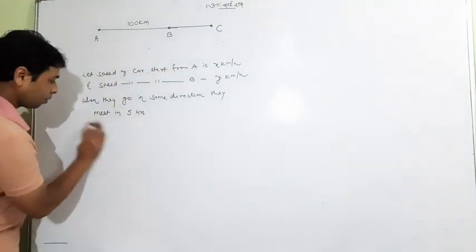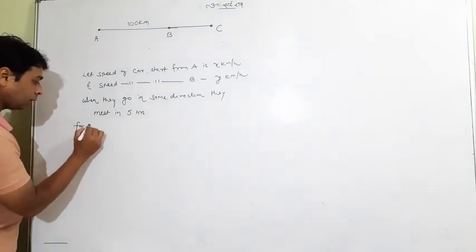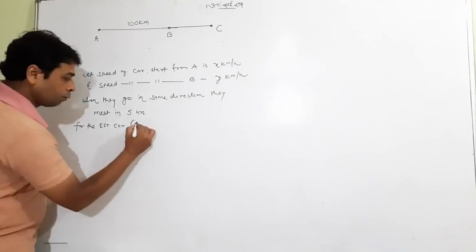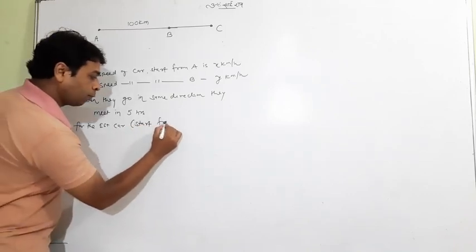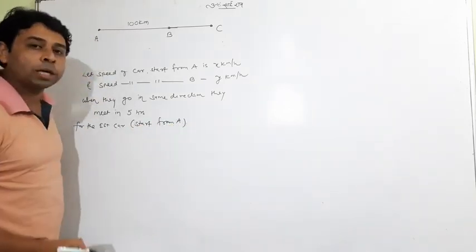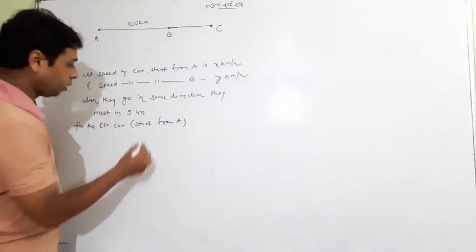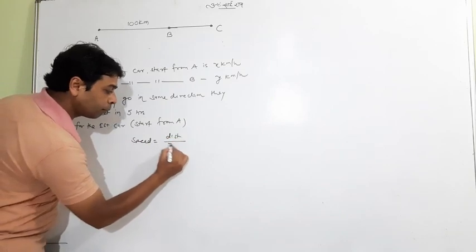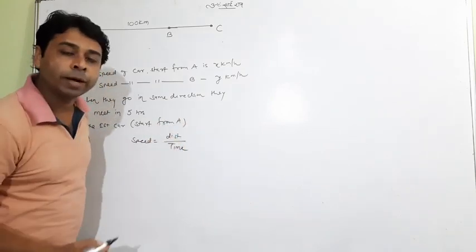For the first car, which starts from A, speed equals distance upon time. Put in the values, guys.